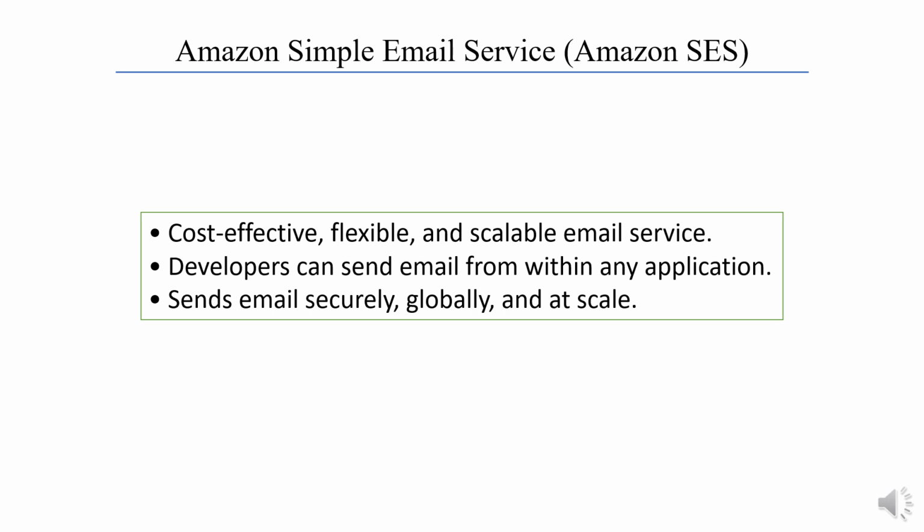The Amazon SES flexible IP deployment and email authentication options help drive higher deliverability and protect sender reputation. While sending, analytics measure the impact of each email. With Amazon SES, you can send emails securely, globally, and at scale.